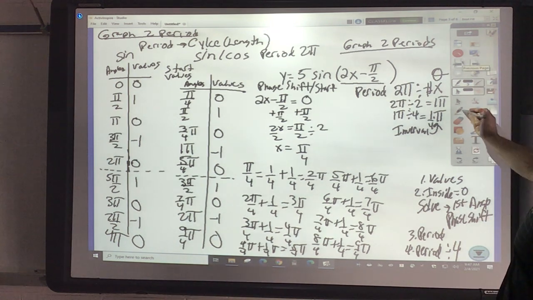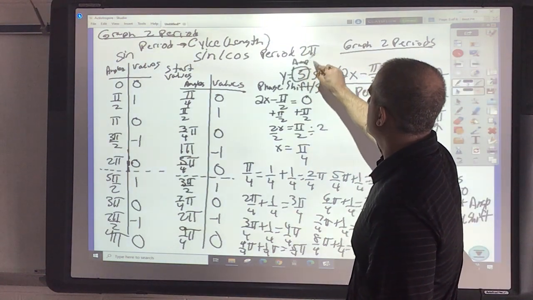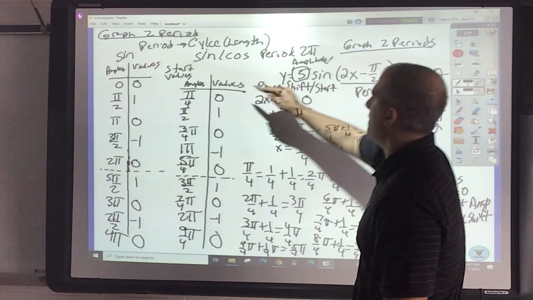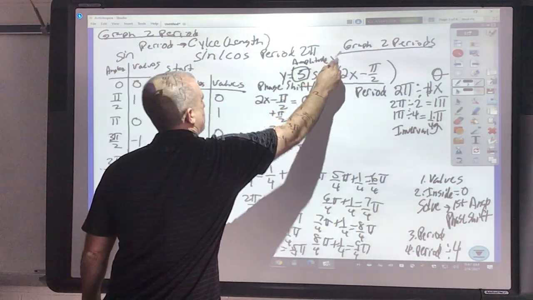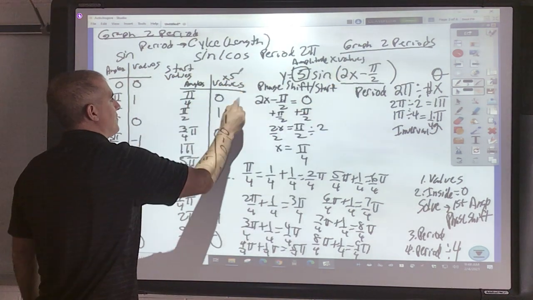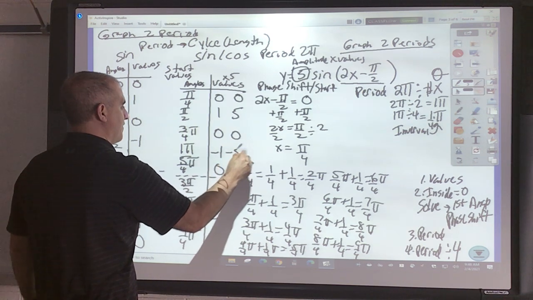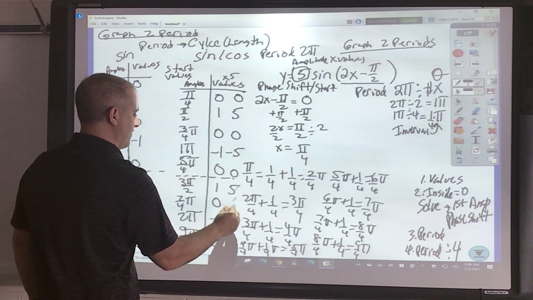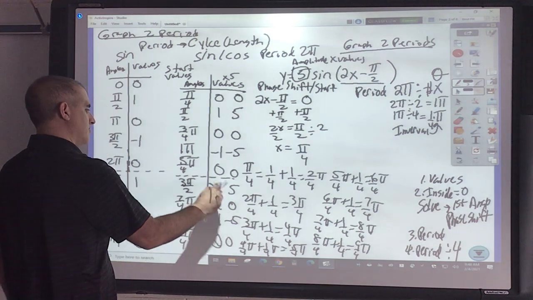This part right here is called the amplitude. It affects the values. What I do with the amplitude is multiply the values by it. So I'm going to multiply everything by 5. This would still be 0. This would be 5, 0, negative 5, 0, 5, 0, negative 5, 0. So these original ones don't matter.